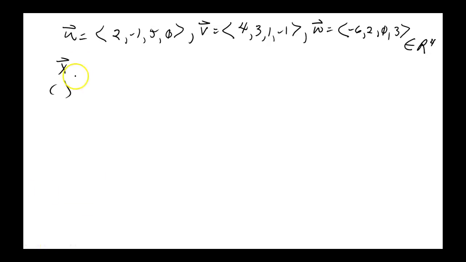And we're not reusing X, right? No. Okay. B is you're finding X when 3 times X plus W is equal to 2U minus V plus X.